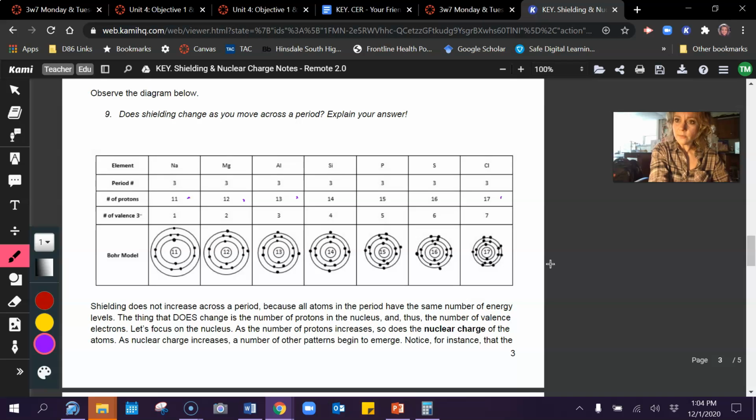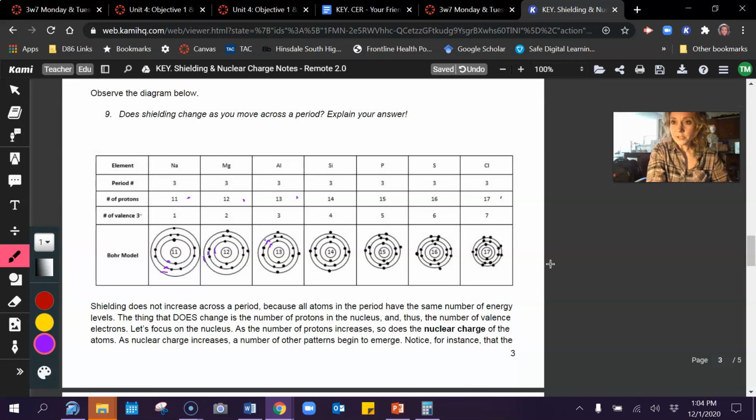This inner circle around the 11, that's just a border to show that that's the nucleus, so that doesn't count. But we have 1 ring, 2 rings, 3 rings. Same with magnesium. Same with aluminum.